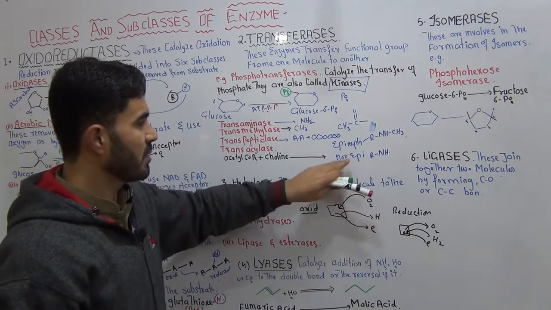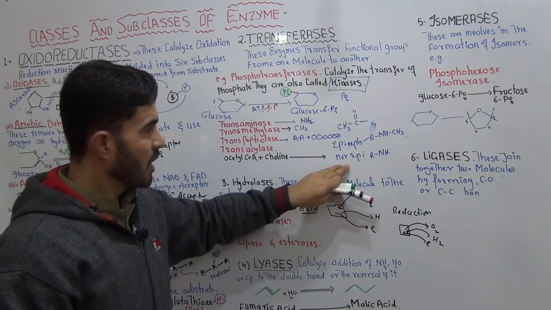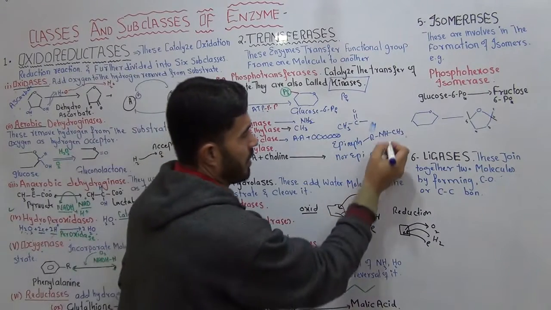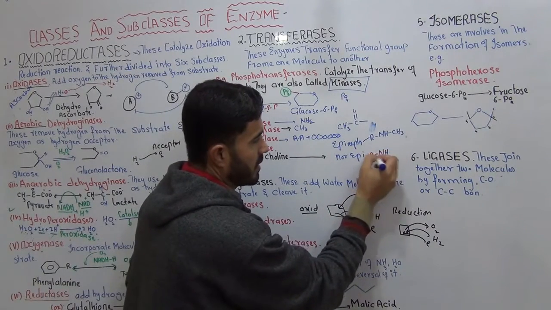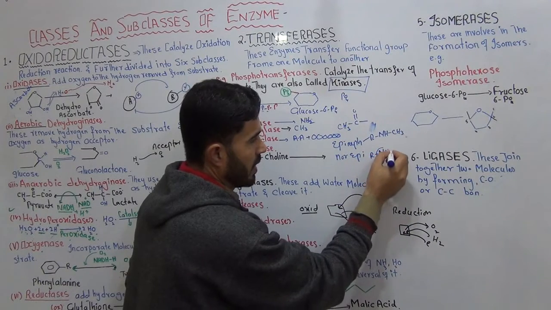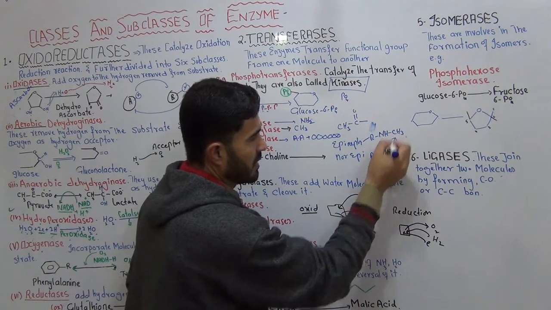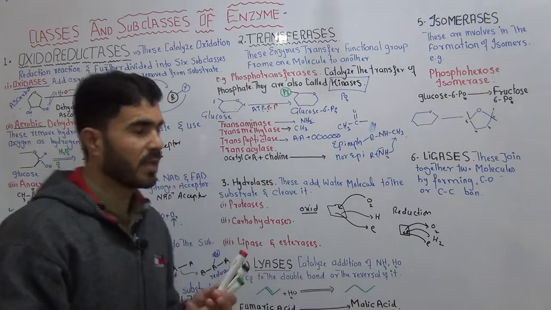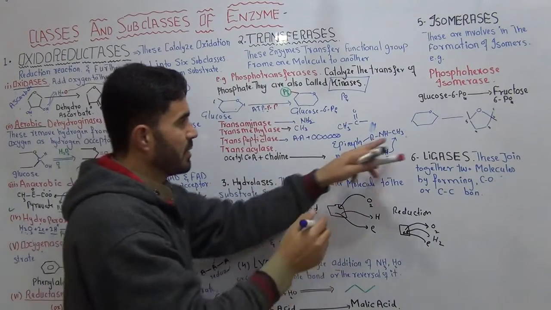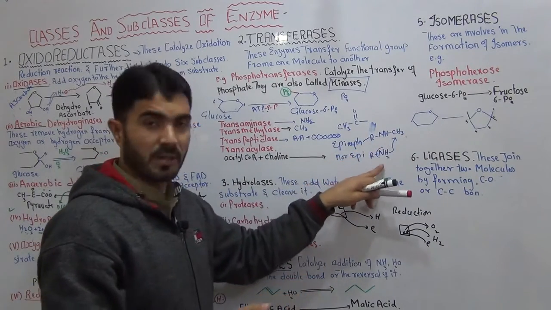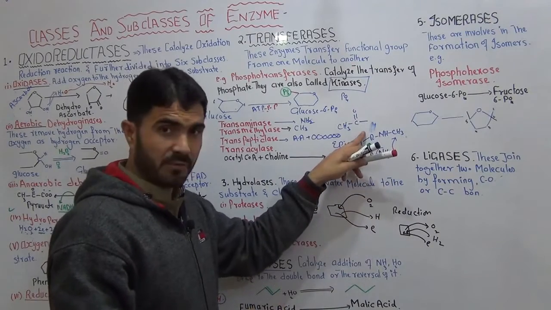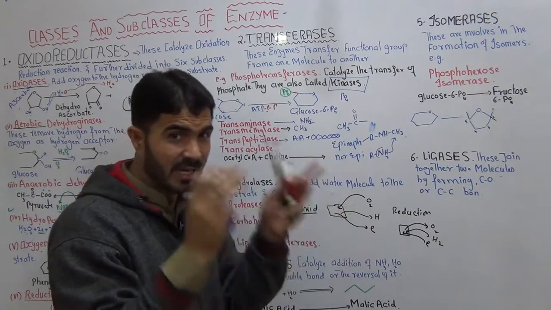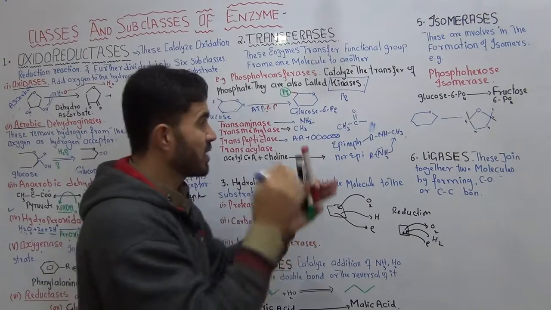When there is no CH3, it will be called norepinephrine. So when it is norepinephrine, it has just the NH2 group, and when we transfer a methyl group here, it will become epinephrine. Maybe the reverse is there, but the main idea is that you should focus on what is going on.